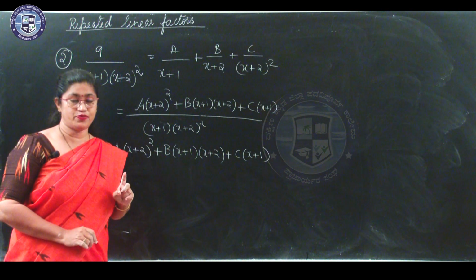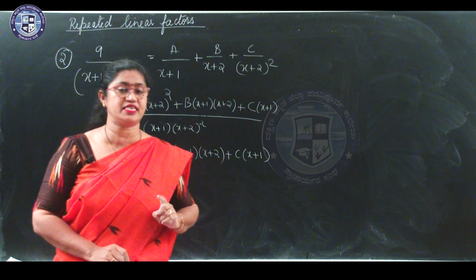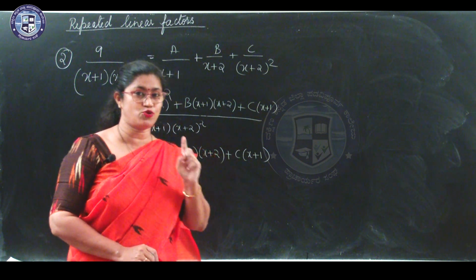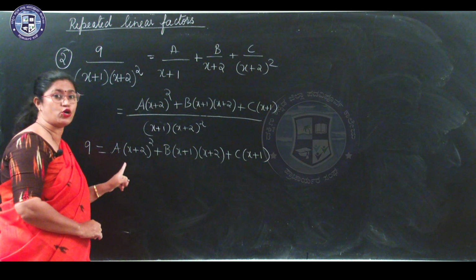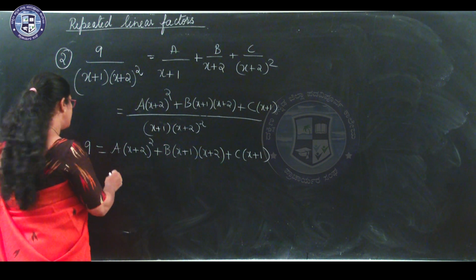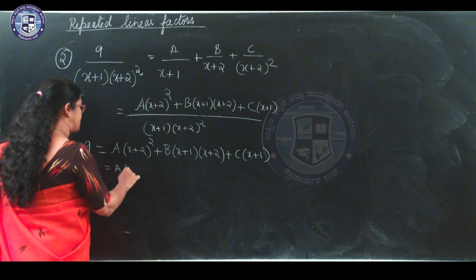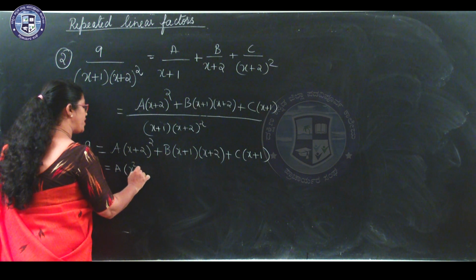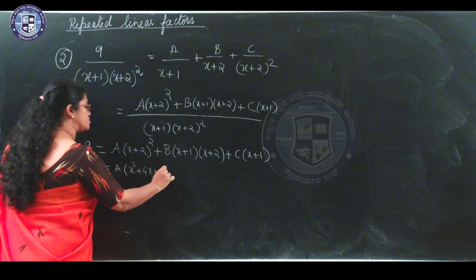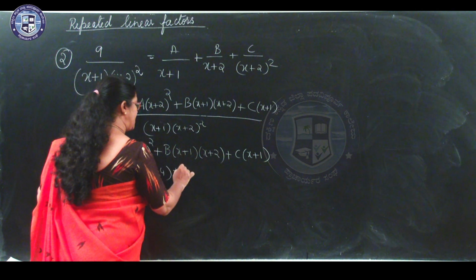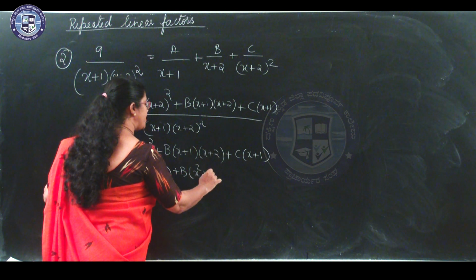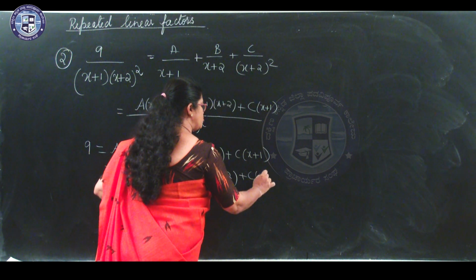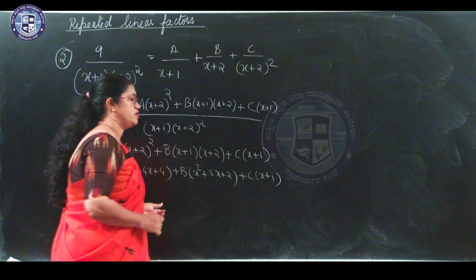Now, I told you we know it is a repeated factor, we are not able to get the third answer, so I will just expand it and keep, because I already know that I need it for my third factor. So, just expand this: A into x square plus 4x plus 4 plus B into x square plus 3x plus 2 plus C into x plus 1.